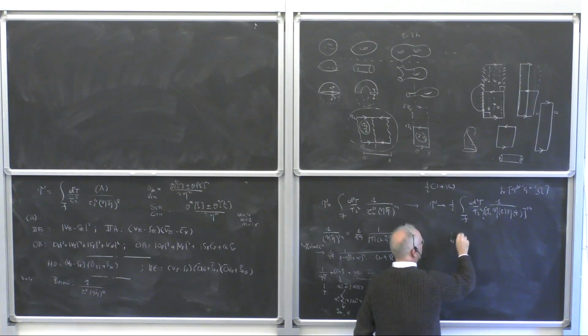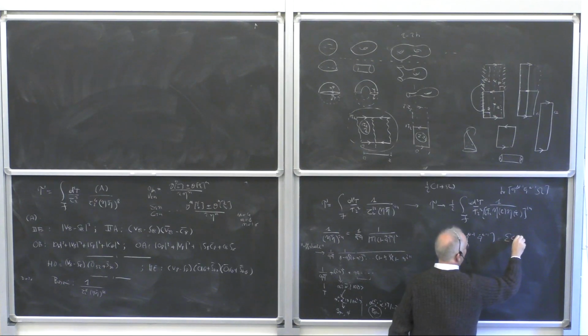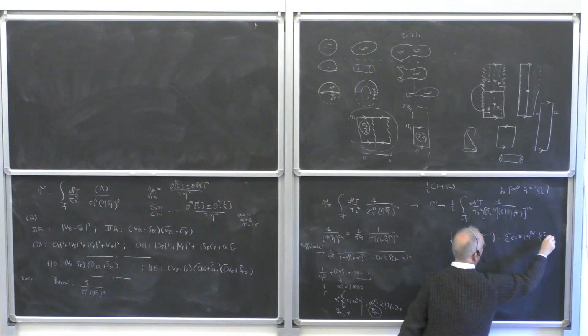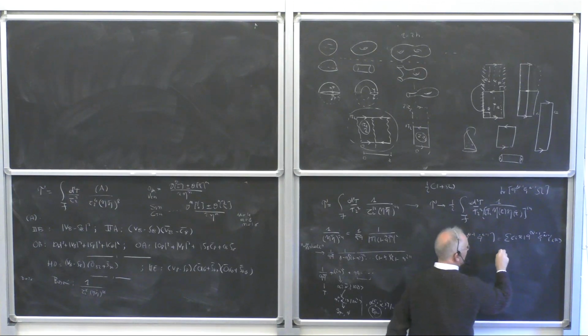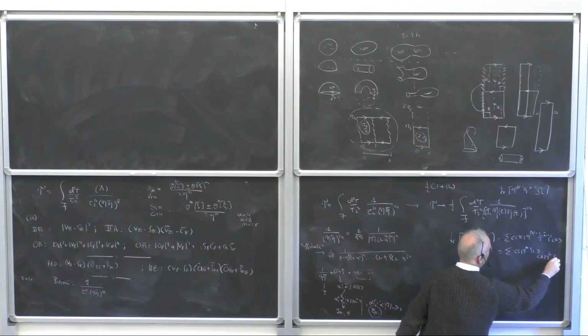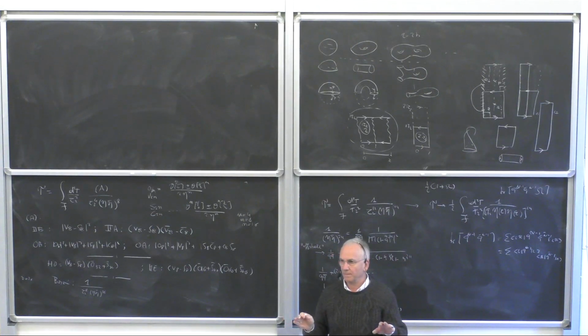The trace of q to the n minus 1, q bar to the n bar minus 1, was the sum on left and right portions, and this was factoring, no? It was becoming the sum left q to the n minus 1 left times right q to the n bar minus 1 right, because the two Fock spaces were not talking to each other.